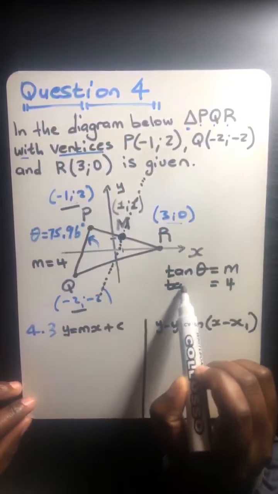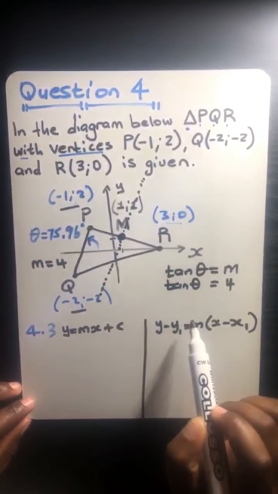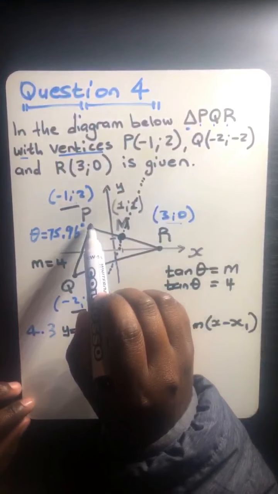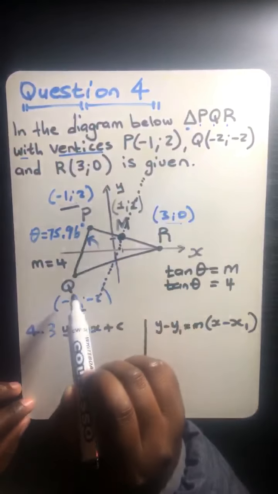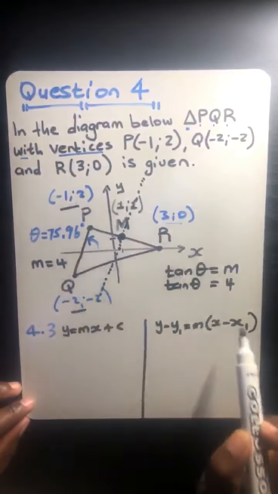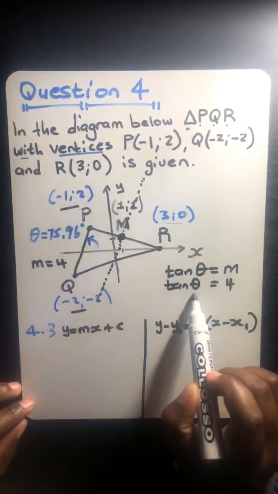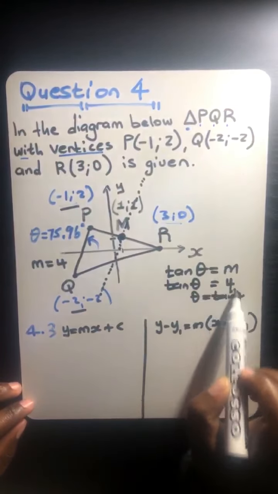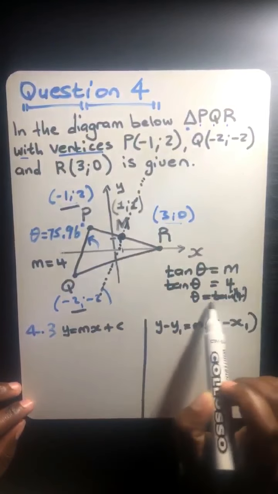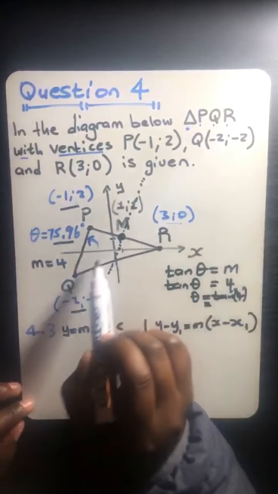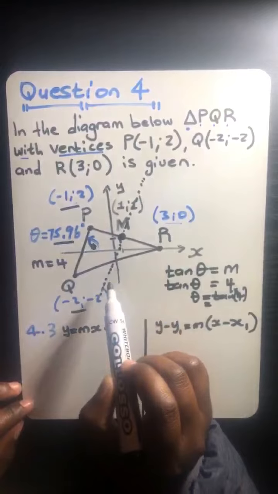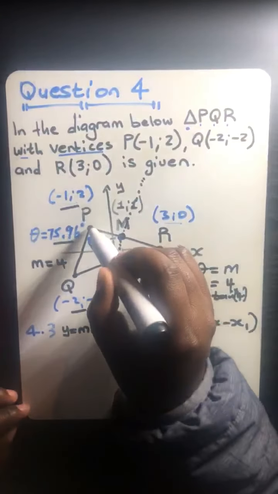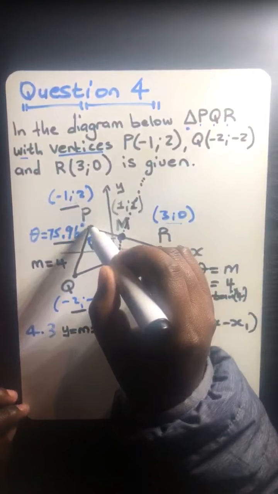But the question did not directly say we must calculate the gradient. They wanted us to calculate the angle formed along the positive x-axis. So see question 1, where we had to take the second function of tan 4, and that's where we got that angle. But in this case, they want us to calculate the gradient of a line parallel to that one.